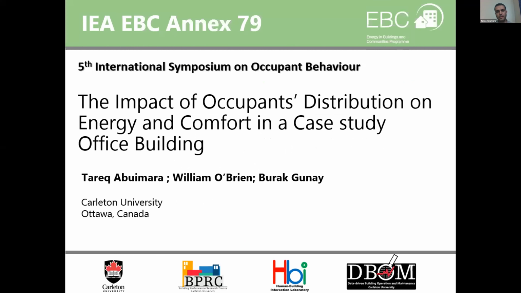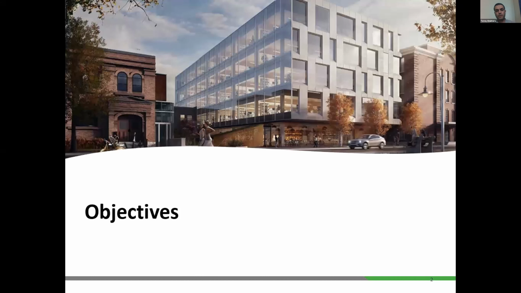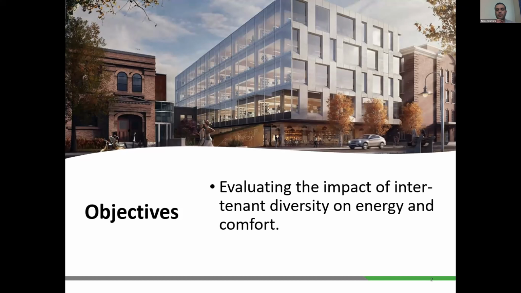Hi, everyone. This is Tariq, and I'm going to talk today about the impact of occupant distribution on energy and comfort in a case study office building. So a designer usually assumes a homogeneous distribution of occupants in buildings. However, in reality, buildings have different tenants, and occupants are heterogeneously distributed in the building.